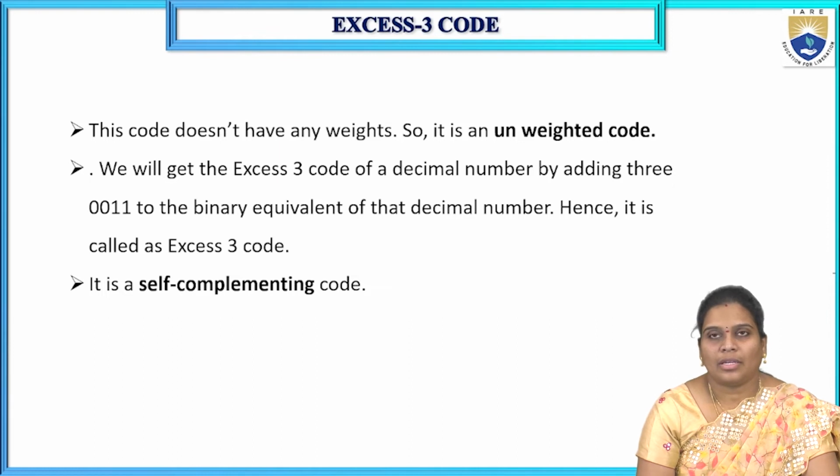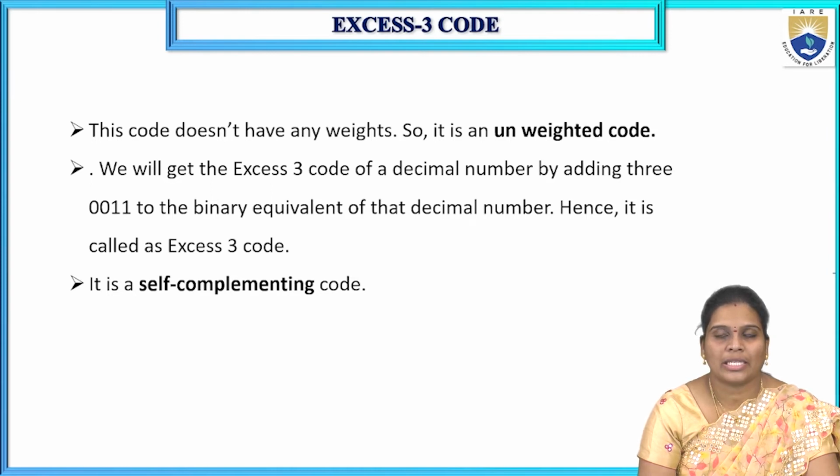First, let's see the XS3 code. In that particular name only, we have the definition. Whatever binary value we take, we add 3 to that decimal value, then we get the resultant value.